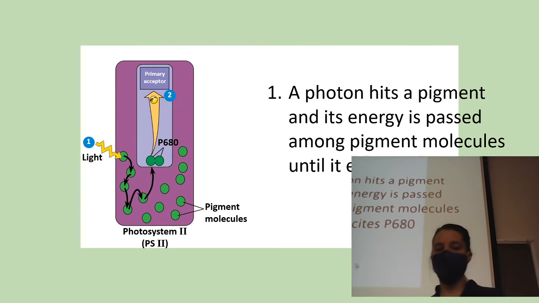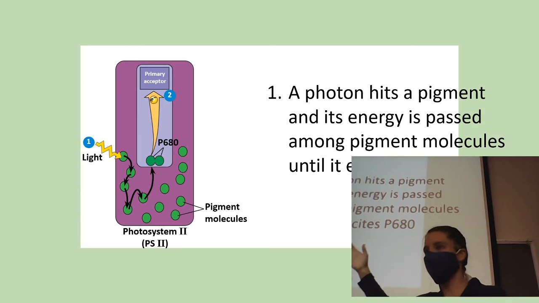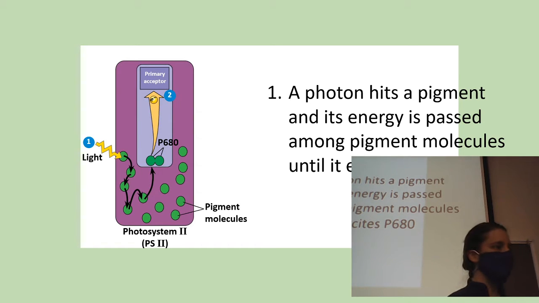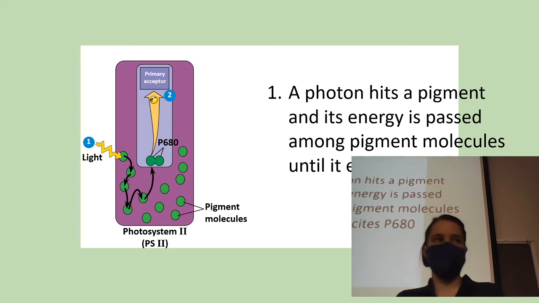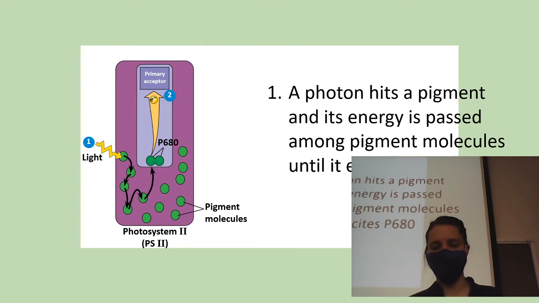So, this is photosystem 2 we're looking at. Photosystem 2, some proteins, the pigments, and the little green blobs are right there. Light hits this thing, right? It excites the system. So now this energy gets passed along until it excites this thing. It's called P680. It sounds cool.